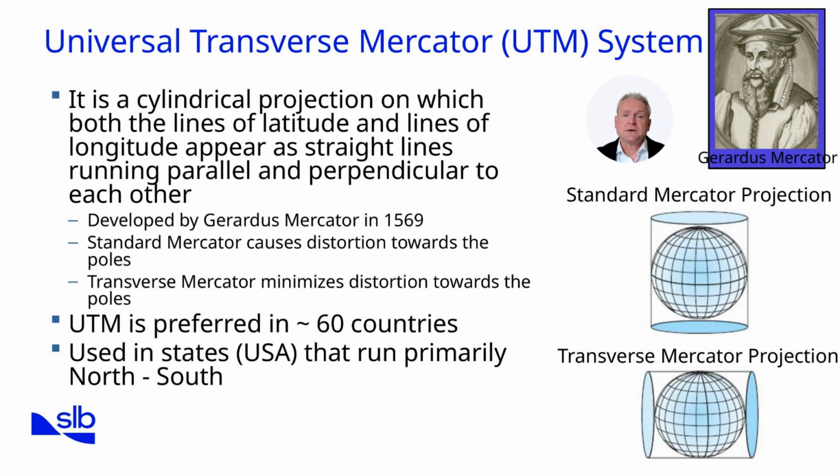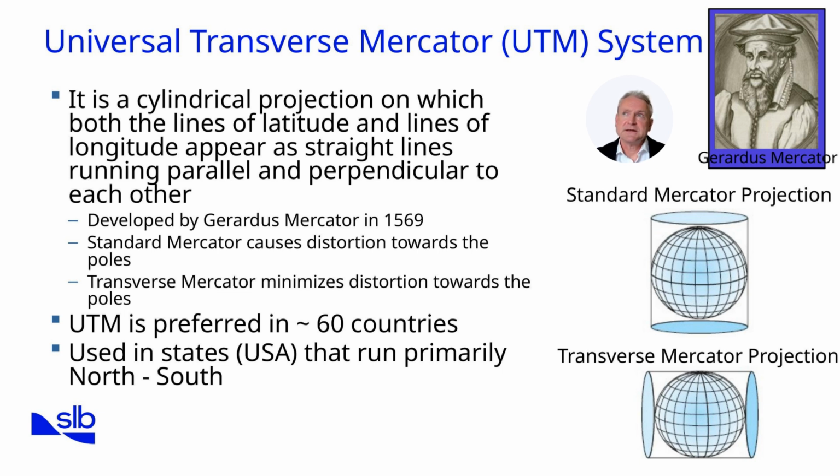UTM divides the globe into 60 longitudinal zones, each 6 degrees wide. Within each zone, distortions are kept small enough to allow accurate mapping for engineering and drilling. Unlike Lambert, which favours east-west areas, UTM works best for regions that run north-south. Because of its accuracy, ease of use, and global acceptance, UTM has become the standard in more than 60 countries, including most oil-producing regions.